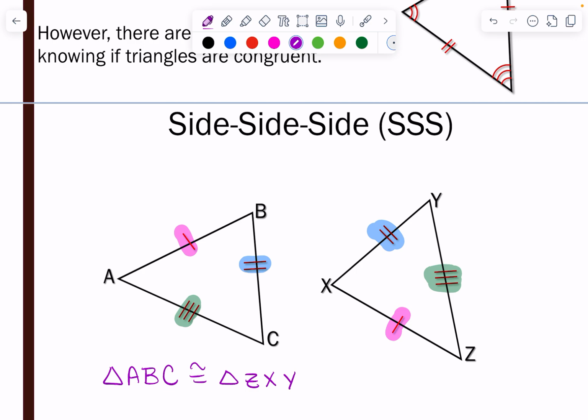Because A is matching up to Z, B is matching up to X, and C is matching up to Y. So remember, we have to be very careful there of how we write that congruence. And we know those are congruent by the side, side, side relationship.